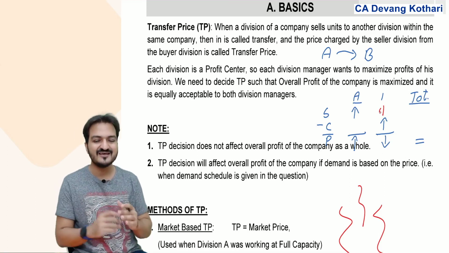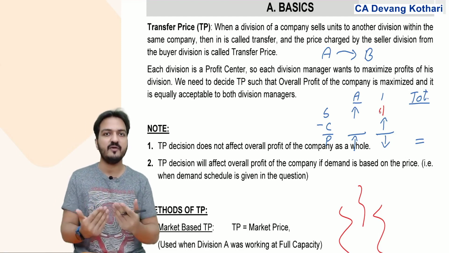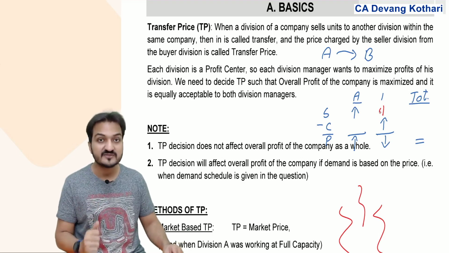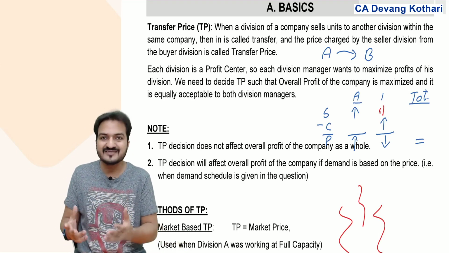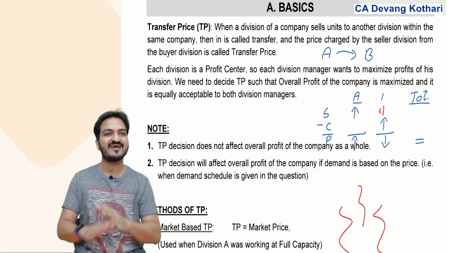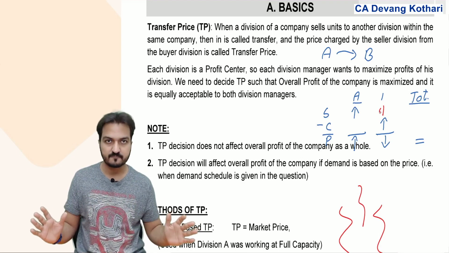Because of this, your demand might be affected. If division B charges a higher selling price to the customers, then with the higher price the demand will fall, and if demand falls, then the overall profit of the company as a whole will fall.